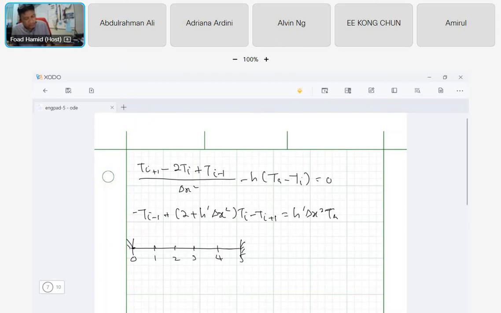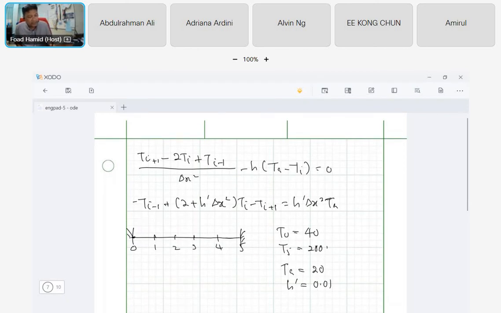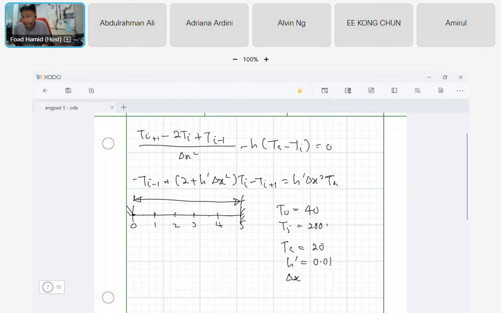T0 is known, which is 40 degrees. T5 is known as 200. And Ta, the ambient temperature, is given as 20. H prime is 0.01. And of course, the total length is 10. So we divide into 5 segments, and then our delta x is just 2.